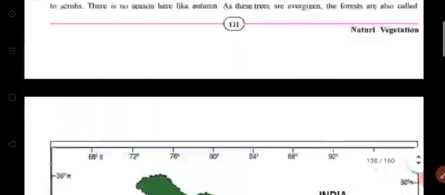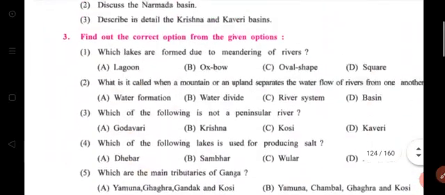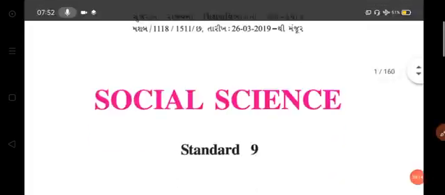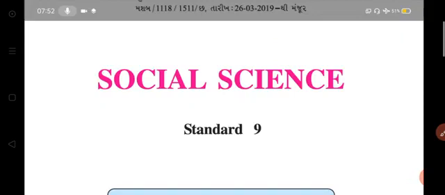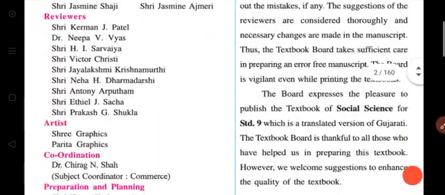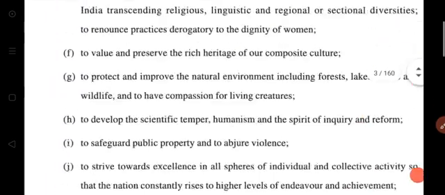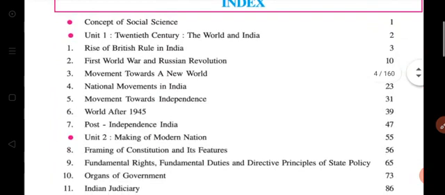So come to the index fast. Come to the index. See. Just a minute. In history we have done first, second, and seventh.